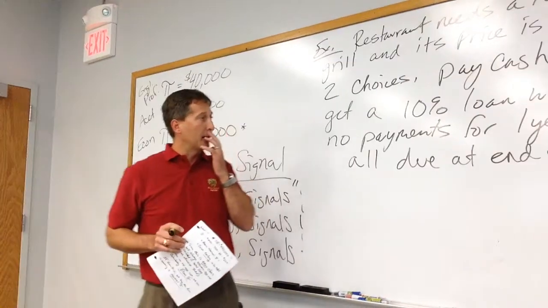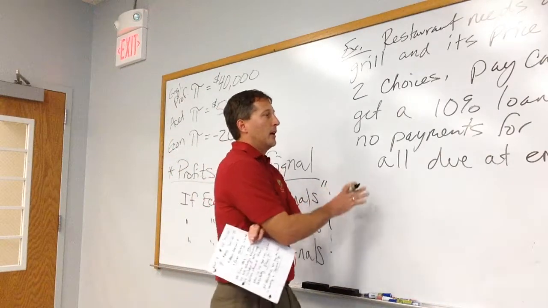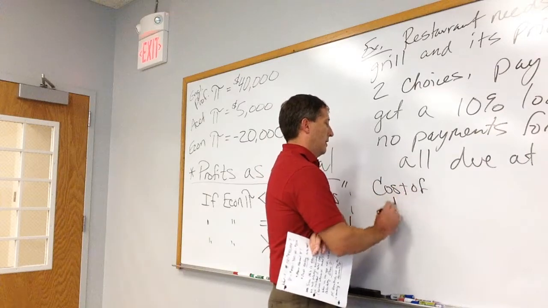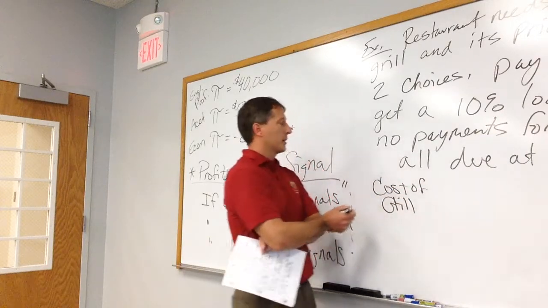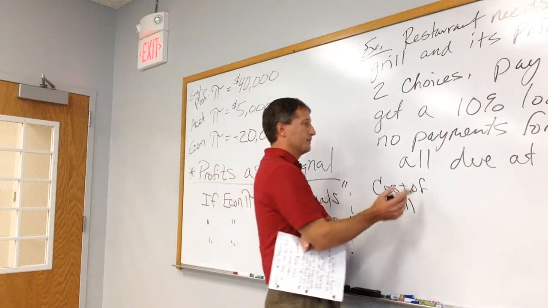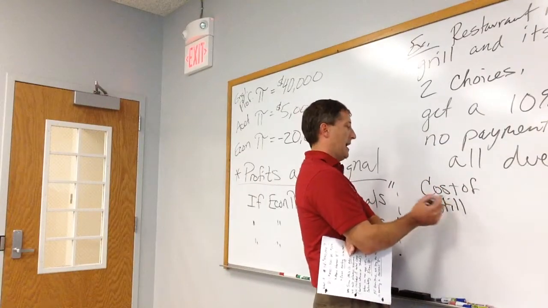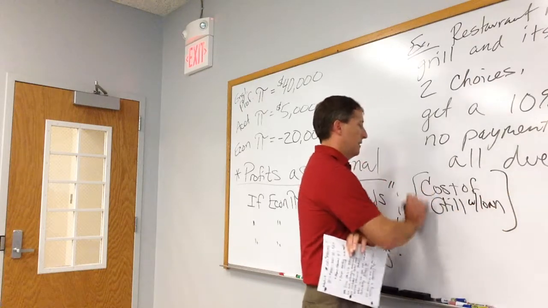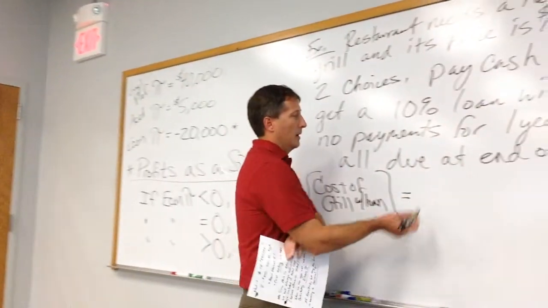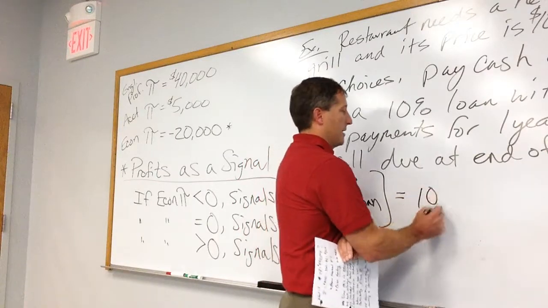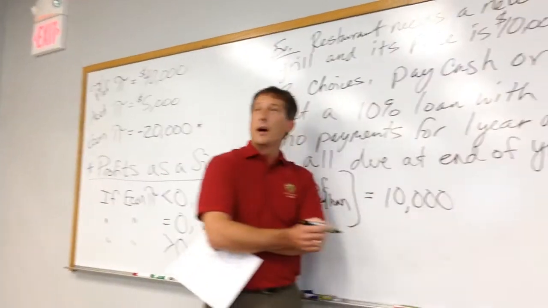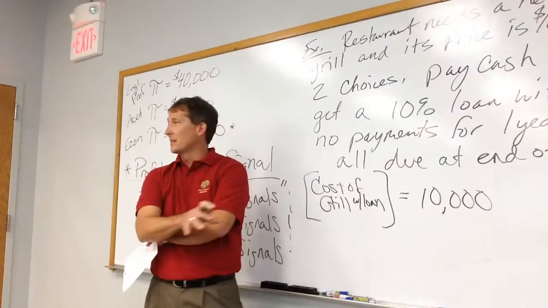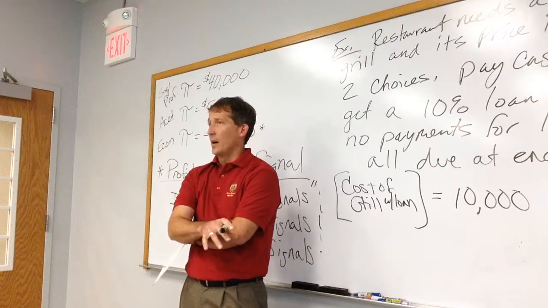Okay, we got this interest factor. All right, so let's play that out. If we get the loan, with choice A here, the cost of the grill with the loan is equal to the $10,000 grill, and then how much interest do we have? 10%, which, according to this deal, is going to be how many dollars? $1,000.